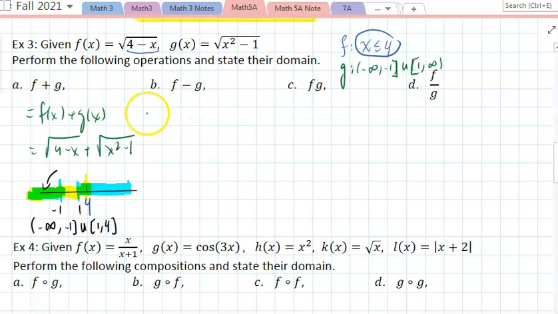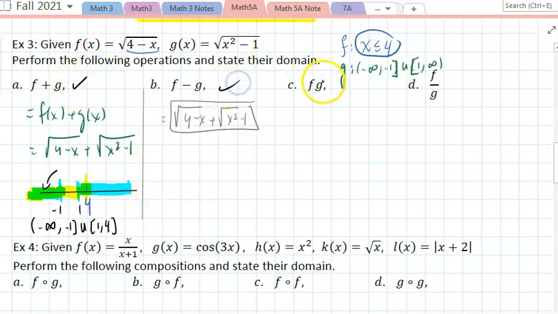Now when we say find f minus g of x, well, the good news, f is the square root of 4 minus x, and g is the square root of x squared minus 1. You're done. But when we say find the domain, it turns out to be the same for those three.